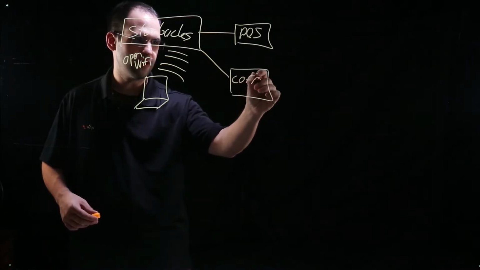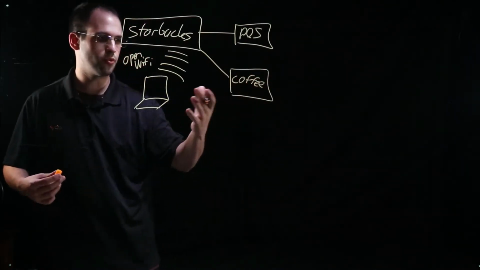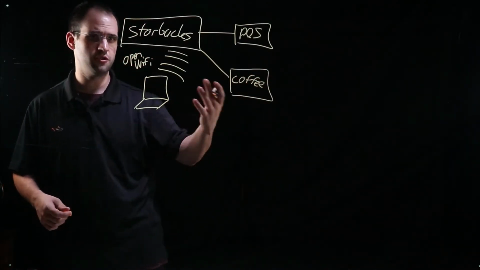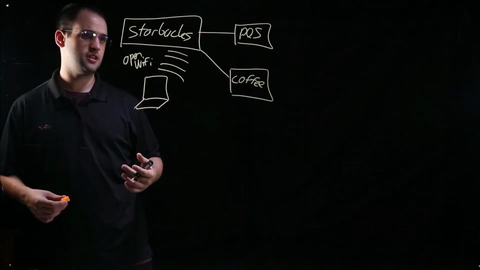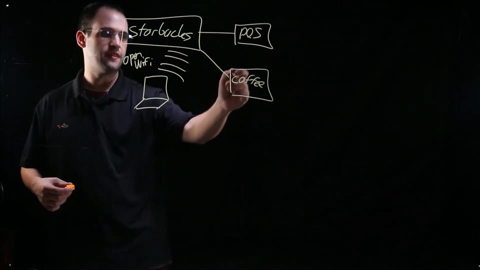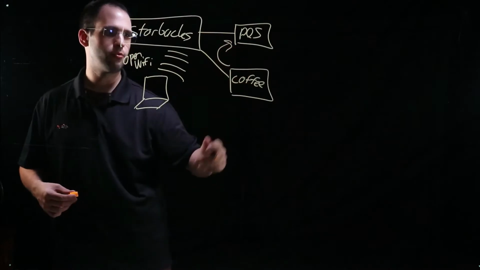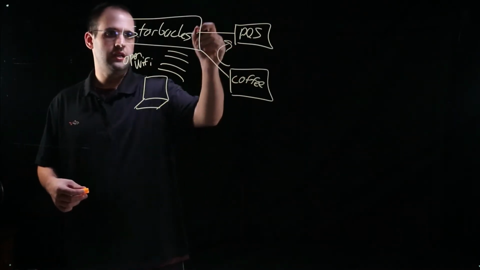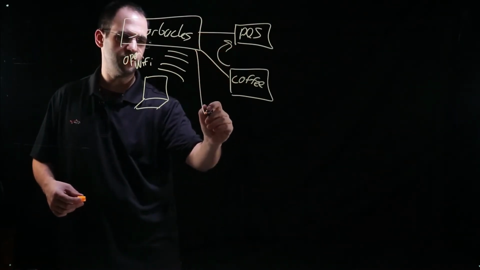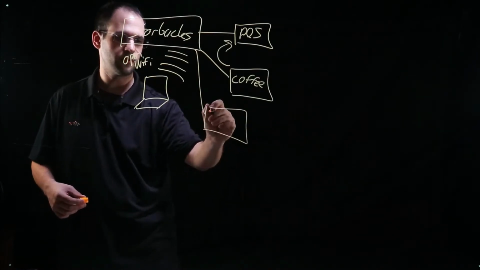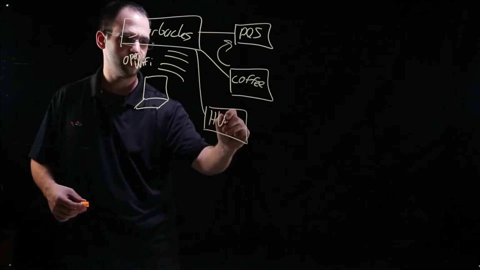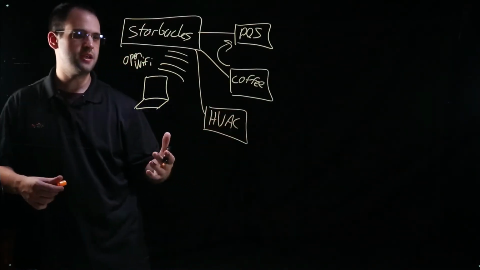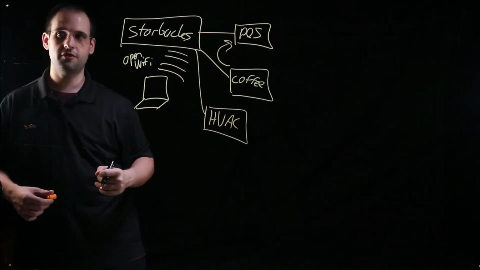Each brewing machine will have a network connection for updates, connectivity and management, and then it may integrate back into that point of sale system. In addition, we might also have an HVAC system coming off of here, a heating, ventilation, and air conditioning system that may exist off of the Starbucks network.